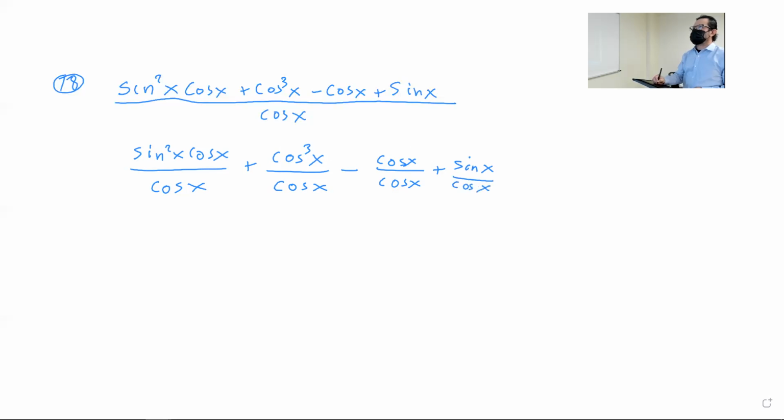And let's see what happens here. This is going to eliminate with this. The cosine to the 3 is going to reduce with the cosine. These 2 are going to eliminate, and thus this is going to be left the same. So this is going to give us sine squared of x plus cosine squared of x minus 1 plus, well, this would be tangent.